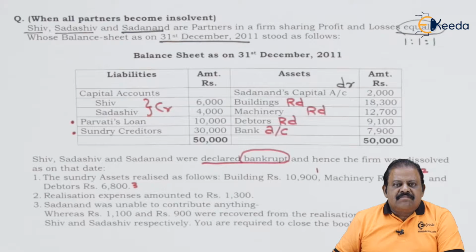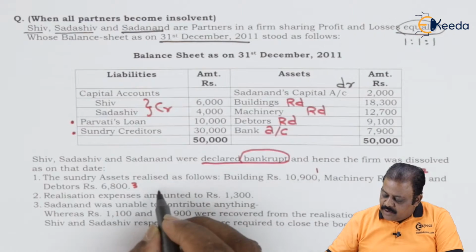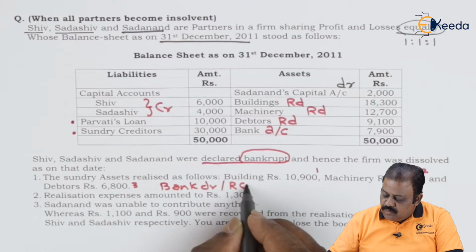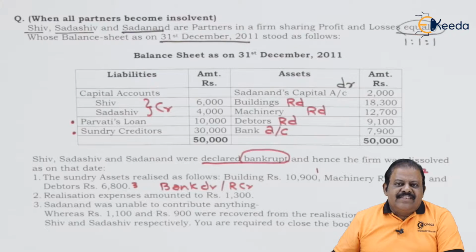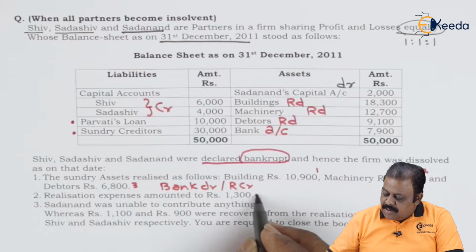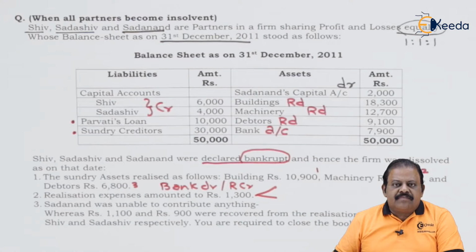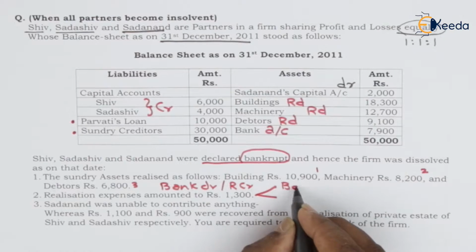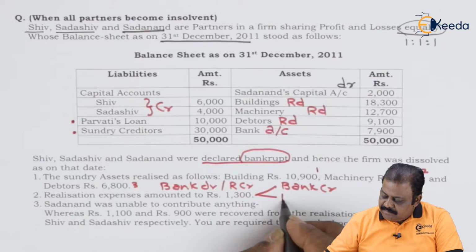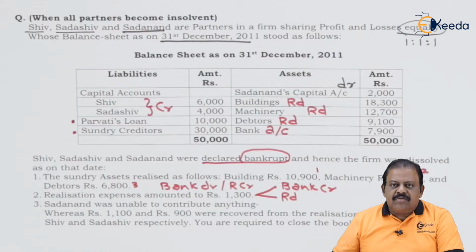Assets realized, amount received, so this will be debited to bank account and credited to realization account. Realization expenses amounted to 1,300: bank credit, realization account debit.